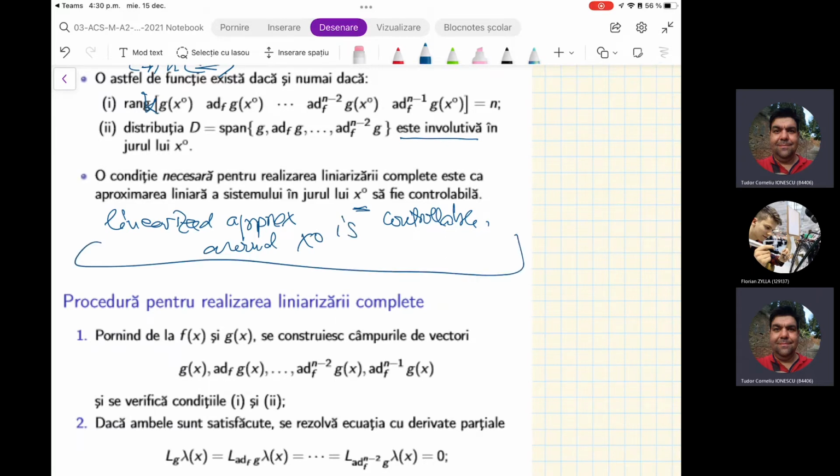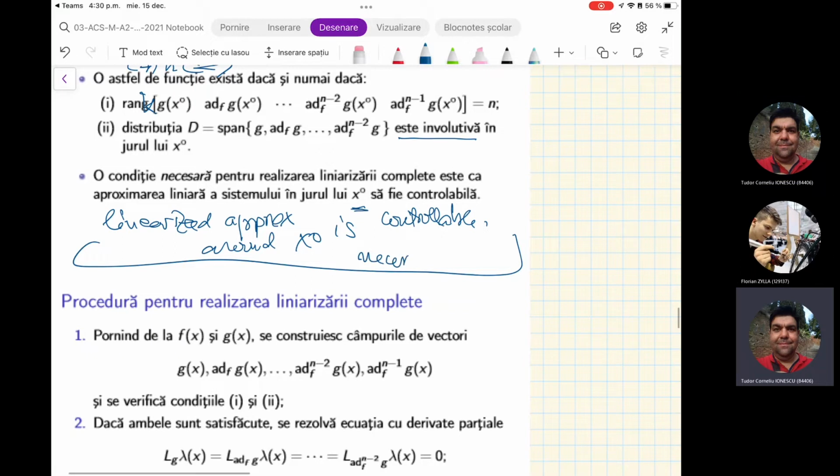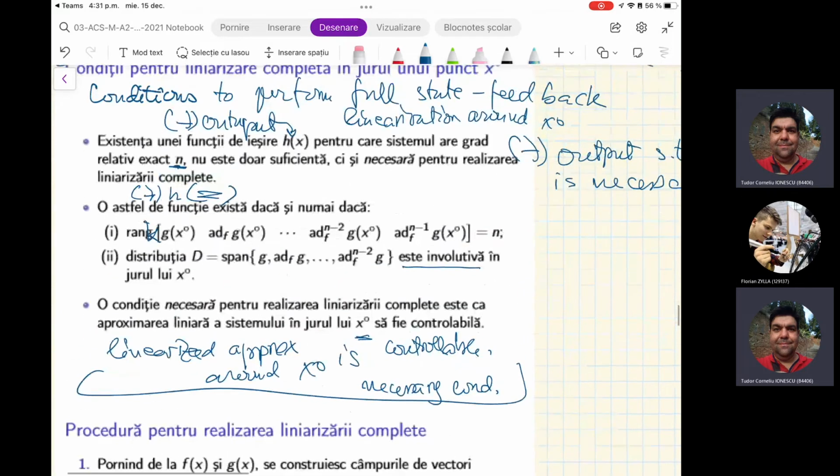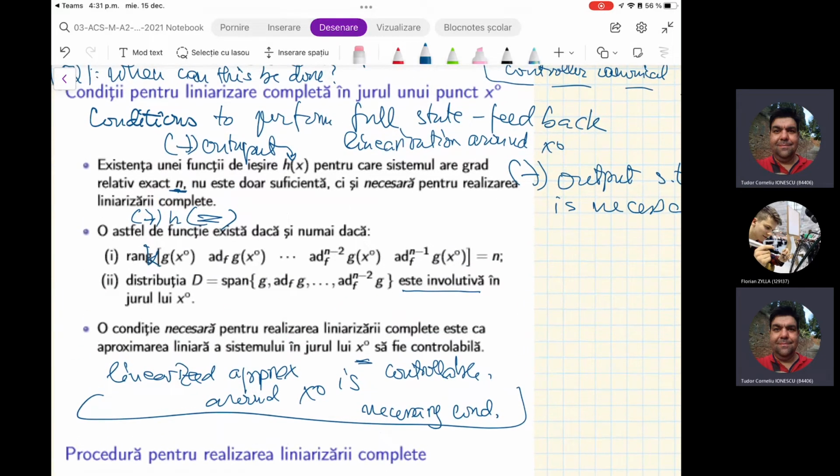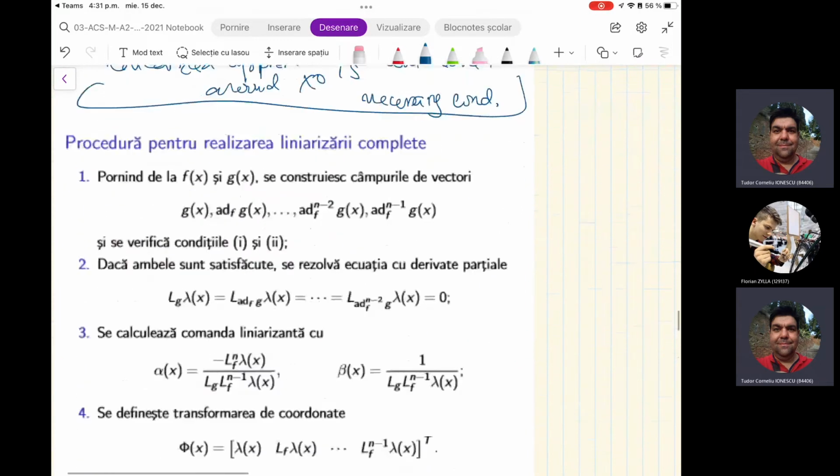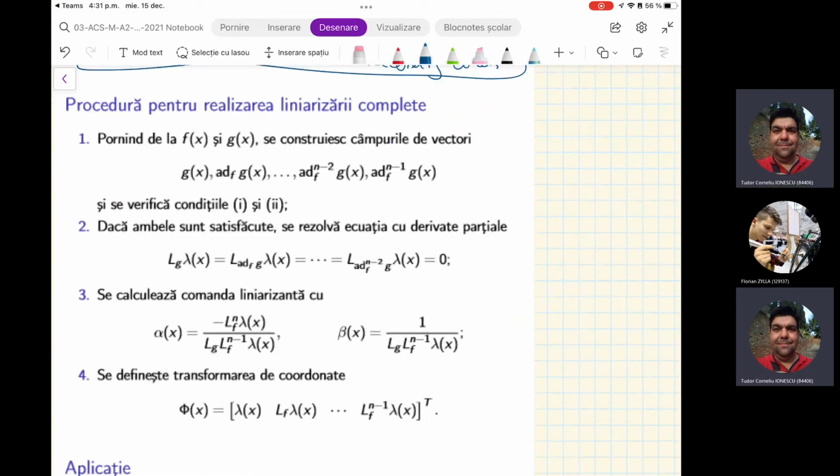This is a necessary condition. So if you have this rank condition, and you have this necessary condition, then indeed you can do full state feedback linearization.